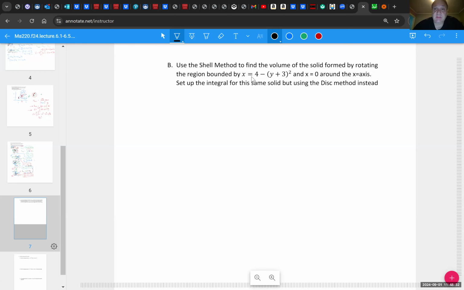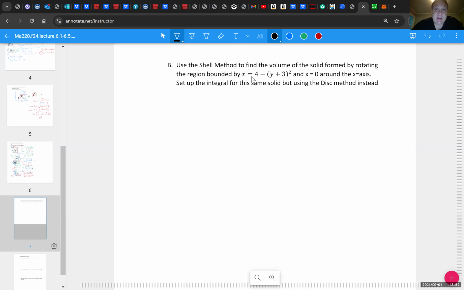For a lot of problems, you could do either method. A lot of people do the disk method because it's oftentimes in terms of x's, and they're familiar with that. But here's an example where it's actually going to be easier doing the shell method than the disk method.